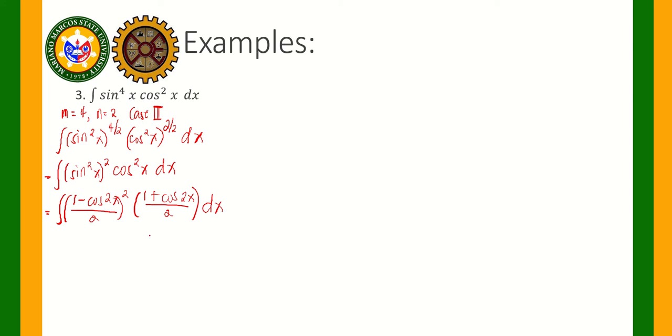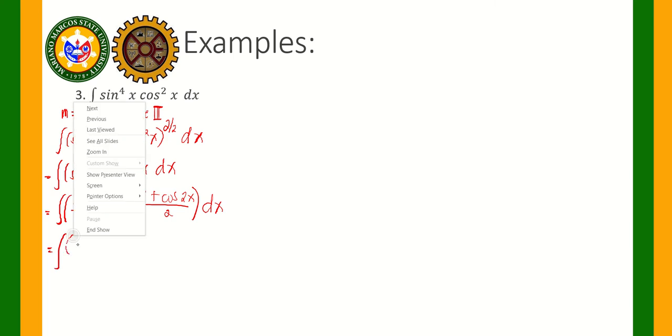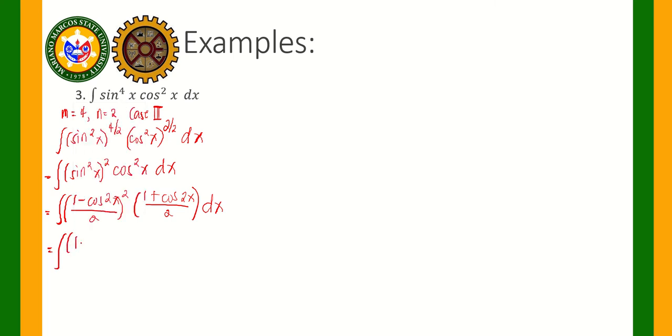So now, we expand. So this will be equal to 1 minus cosine 2x quantity squared all over 4 kasi naka-square siya, multiplied by 1 plus cosine 2x all over 2 dx. And expand natin to.